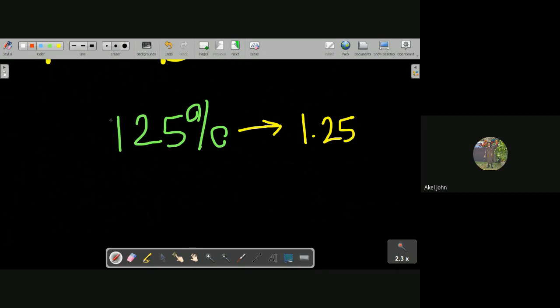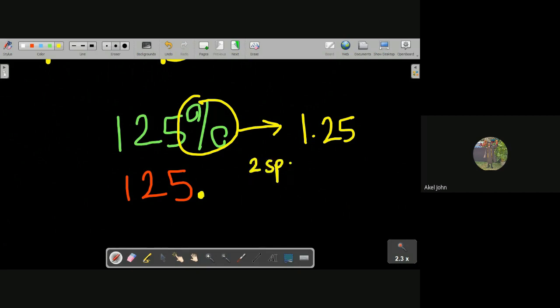You rewrite the 125 back. You turn the percentage sign into a decimal point. I replace it. And then you're moving 2 spaces to the left, right?